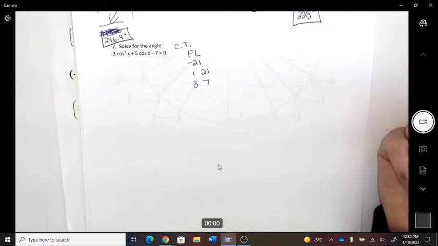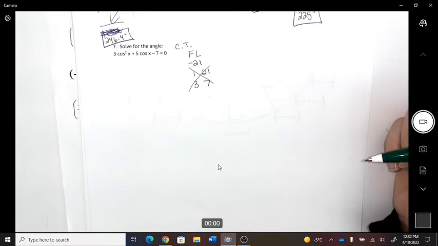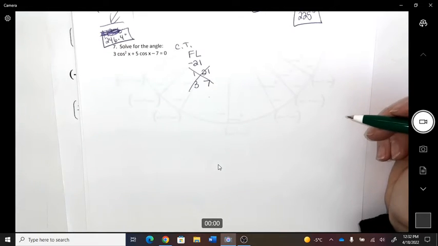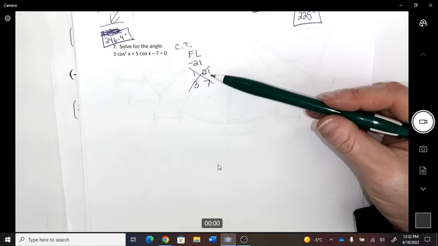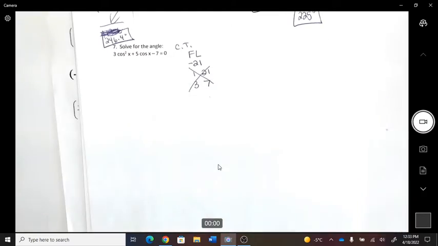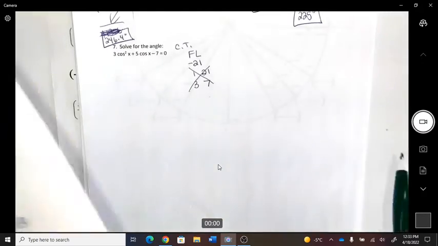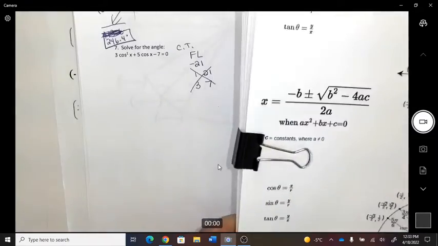Am I getting a 5? Nothing gets me a 5. What do I do? Quadratic formula. If it doesn't factor, I have the formula. So that's probably why you're going to have it on your formula sheet tomorrow or on Wednesday.